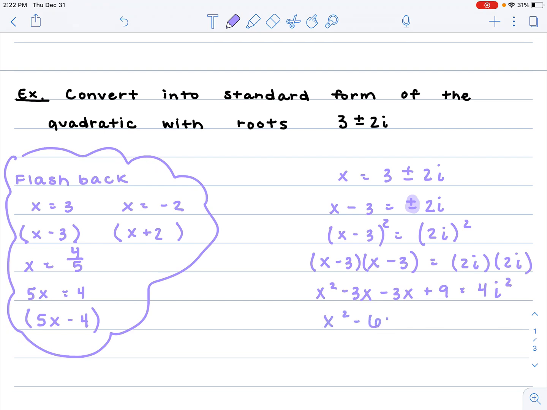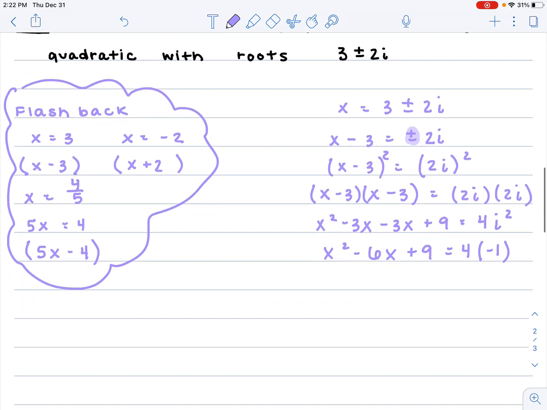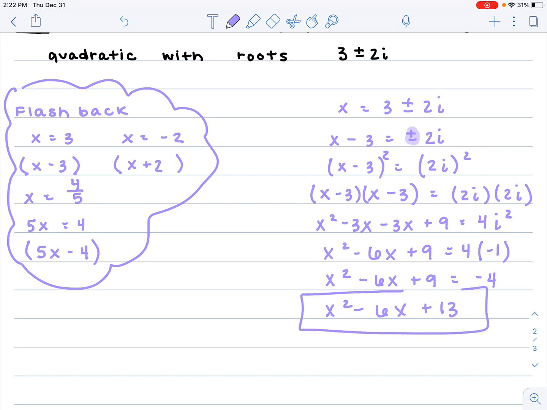If I combine like terms, I get x squared minus 6x plus 9 equals, let's think, I know what i squared is. Remember, with our complex numbers, i squared is negative 1. So it actually equals negative 4 over there. To get it all the way to standard form, it has to equal 0, so I'm going to add that 4 over, so I get x squared minus 6x plus 13. And that would be my final solution.